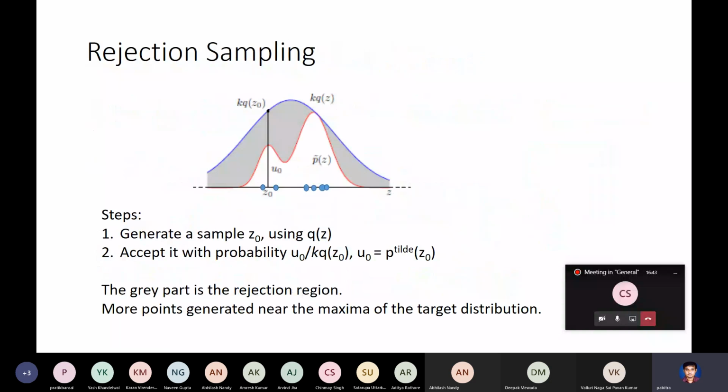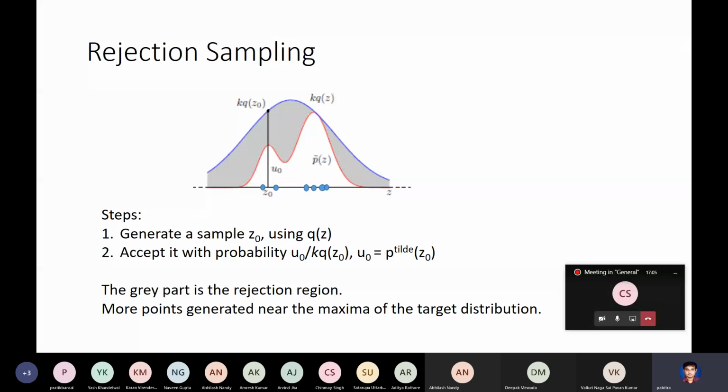One of the ways that Monte Carlo is implemented is that you encapsulate an unknown distribution, say p tilde(z), with some constant times a standard or a known distribution. Then you follow a two-step process. First, you draw a sample from the known distribution, and then either reject or accept the sample.